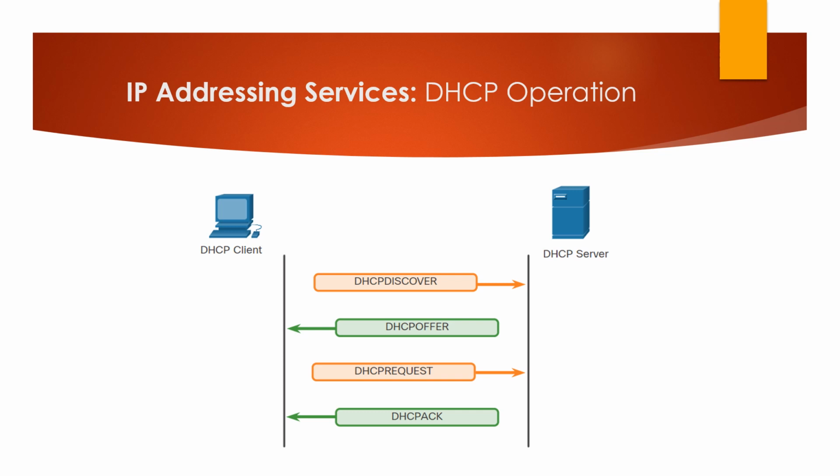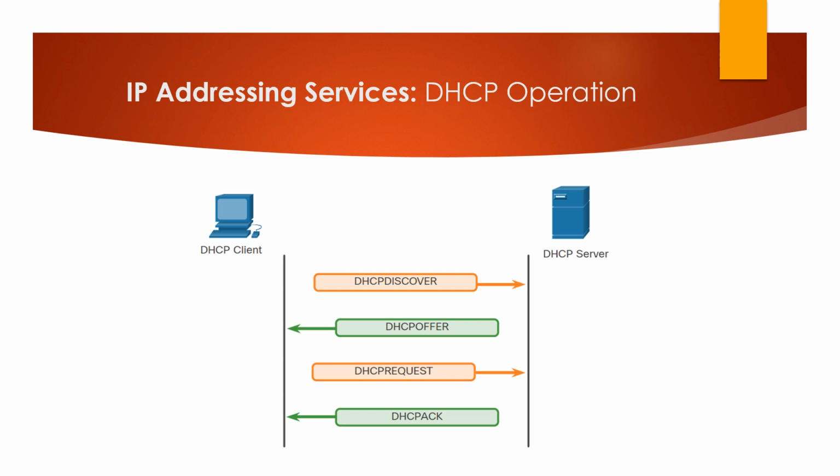The client may also choose to request an address that it had previously been allocated by the server. Assuming that the IPv4 address requested by the client or offered by the server is still available, the server returns a DHCP acknowledgement message that acknowledges to the client that the lease has been finalized.